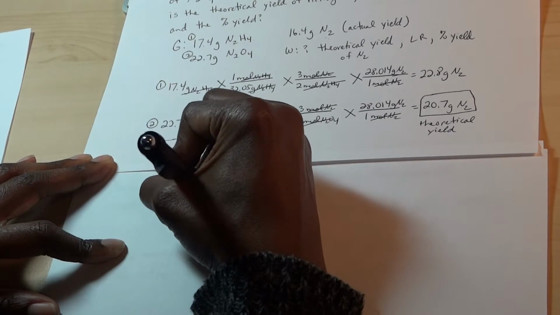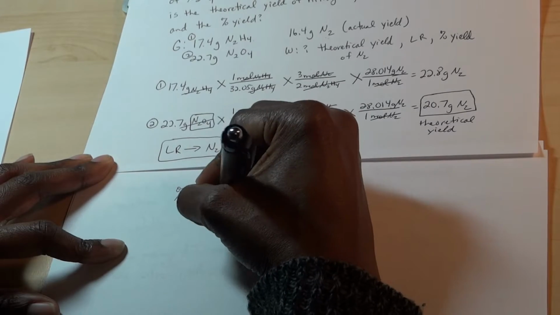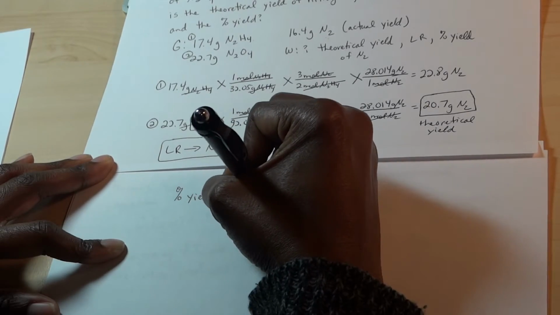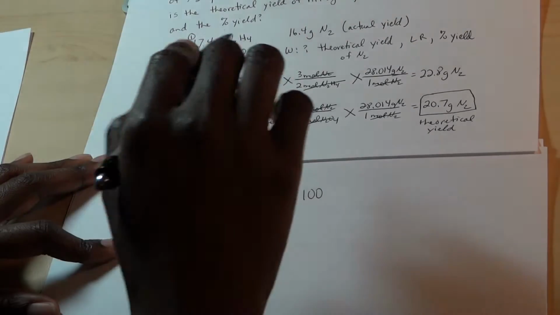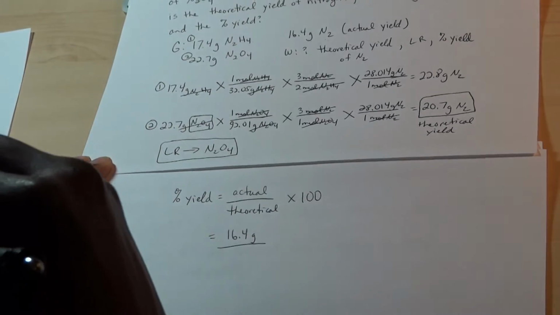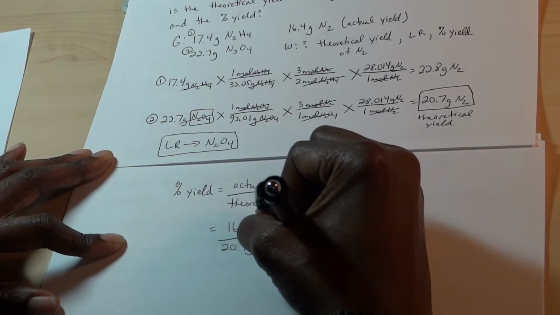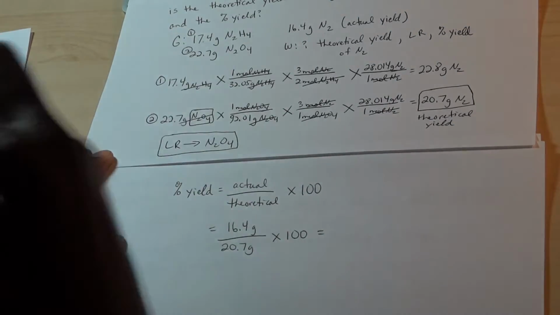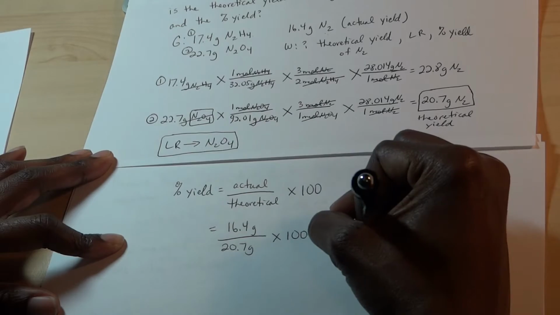So percent yield, if you remember, is equal to actual yield over theoretical yield times 100. Our actual yield was given as 16.4 grams. Our theoretical yield is 20.7 grams, times 100. And so that comes out to be 79.2%.